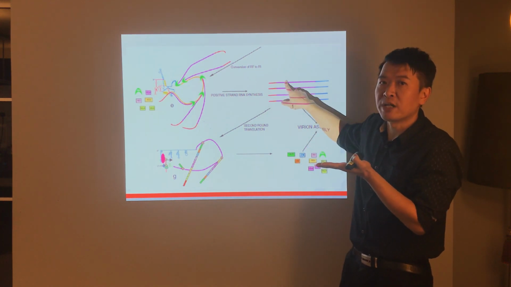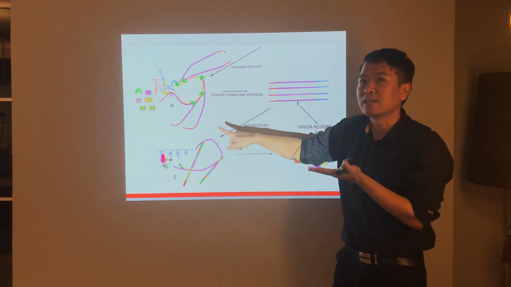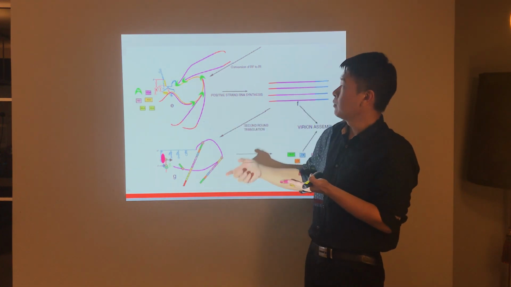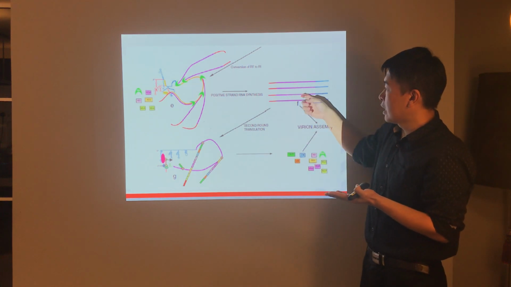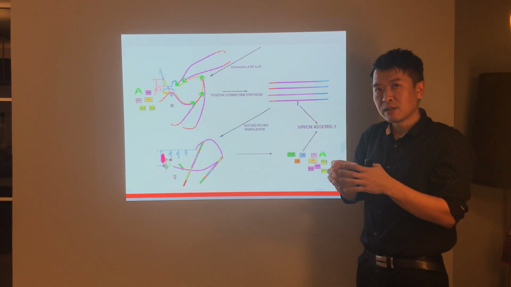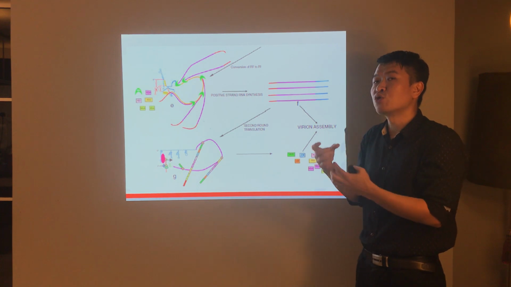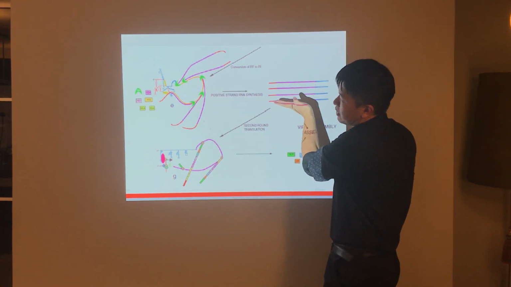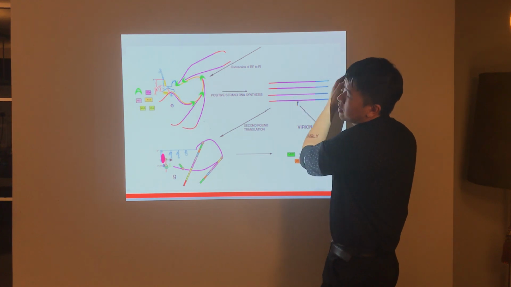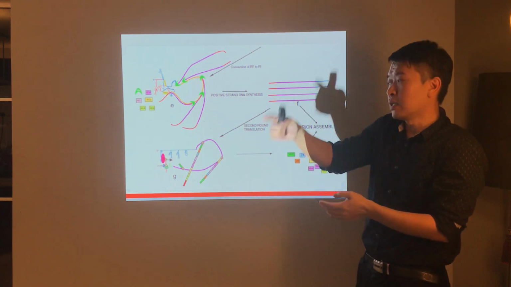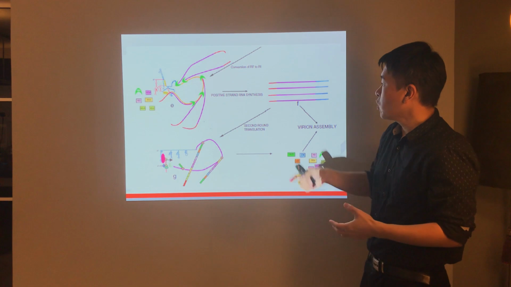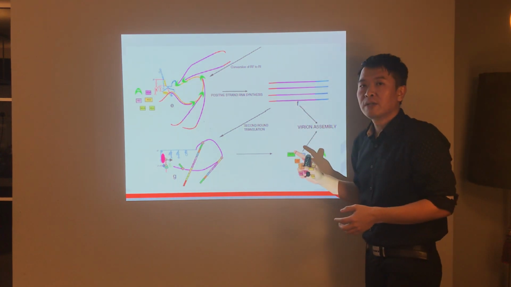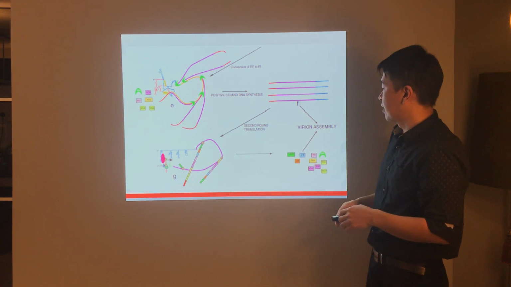Immediately, this positive-strand RNA can be translated again to produce more viral protein, or it can be encapsulated or assembled to produce a new virus. So there are two ways: the newly synthesized positive-strand RNA can go back and start the production of viral protein, or it can go for viral assembly to form a virus.